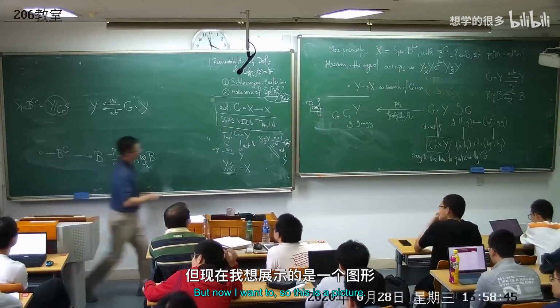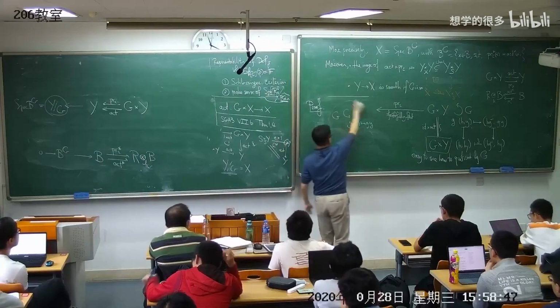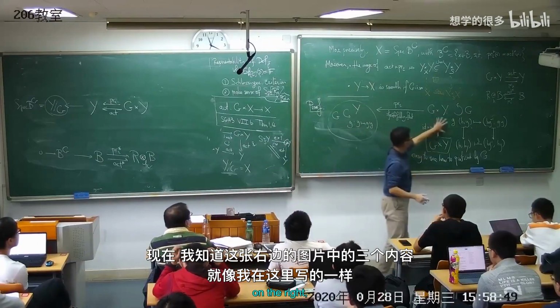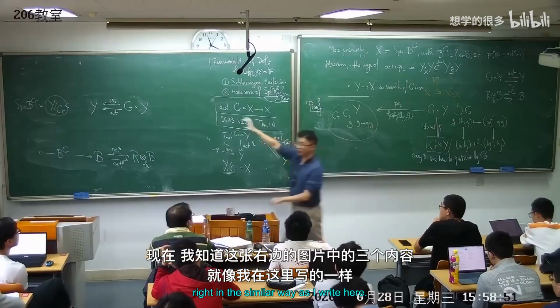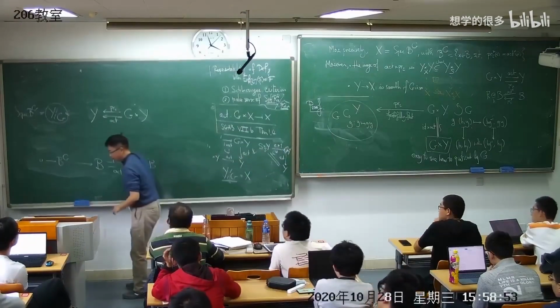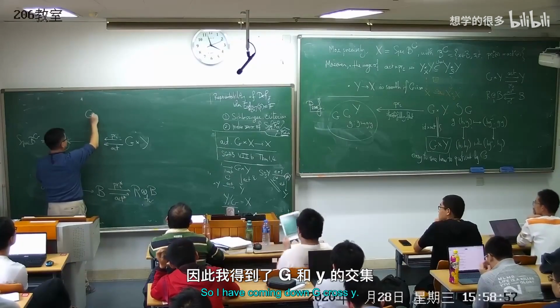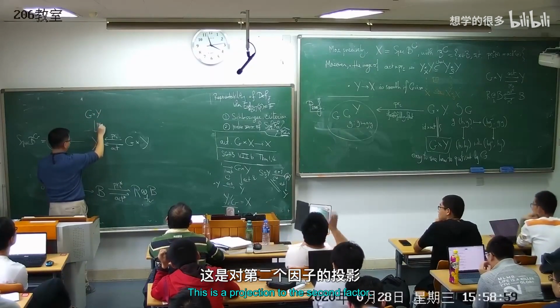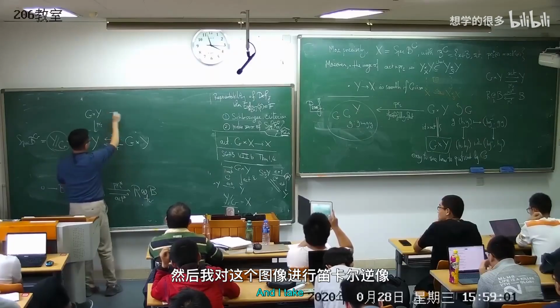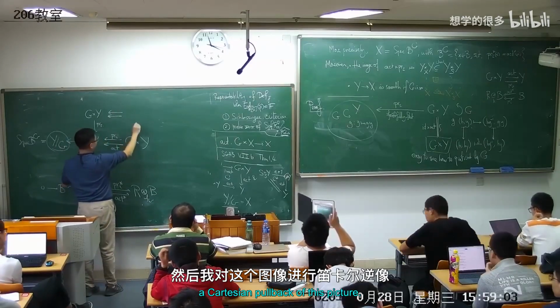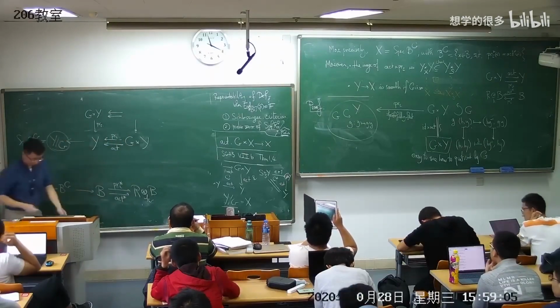But now I want to throw in this picture on the right, writing it in a similar way as I wrote here. So I have coming down G cross Y. This is a projection to the second factor. And I take a Cartesian pullback of this picture.